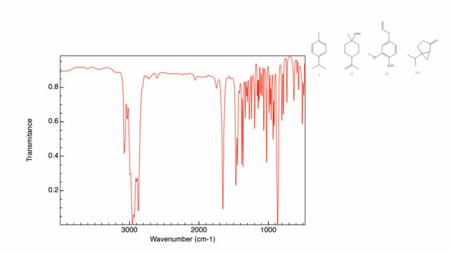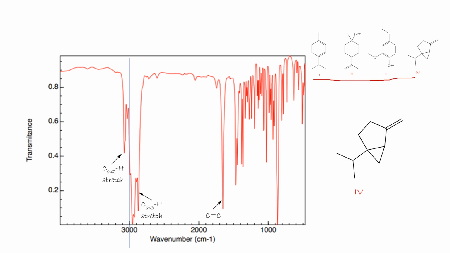The first spectrum shows peak above 3000 cm-1 for carbon sp2 hydrogen stretch, below 3000 for carbon sp3 H stretch, and around 1640 cm-1 for carbon double bond carbon stretch. Among these 4 structures, this one matches 1.